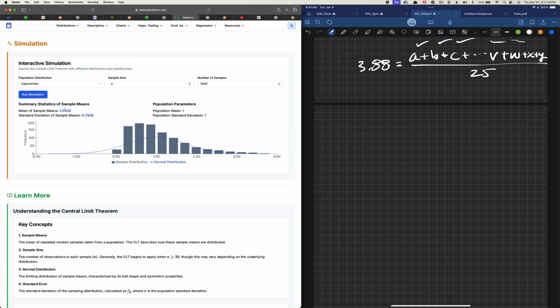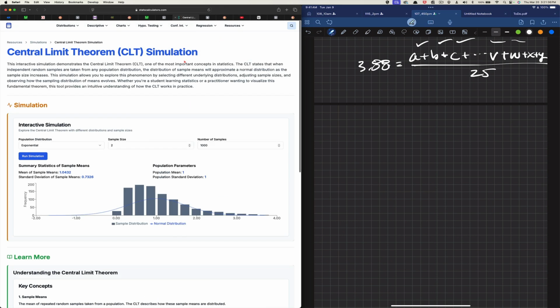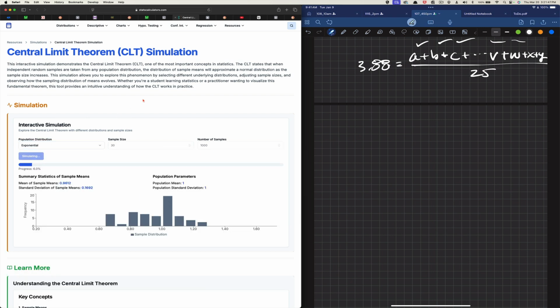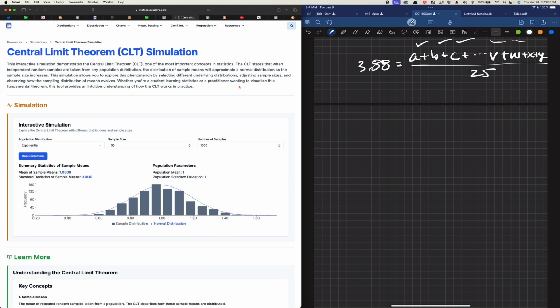Because I want to clear this. Okay, so I got exponential and 1,000. Let's have the sample size of 30 instead of 2, and I have 1,000. So if I run it again, notice my distribution is much more closely approximating a normal distribution.